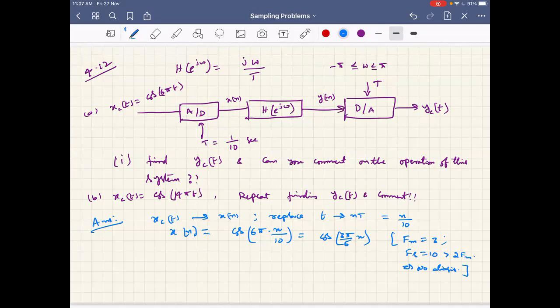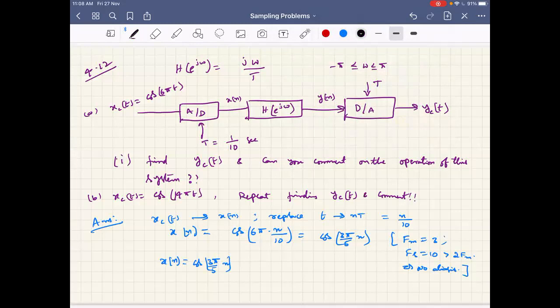So what is the next step? I got x of n, which is cos of 3 pi by 5 into n. Then what is the next step? We find x of e power j omega. We would get impulses.